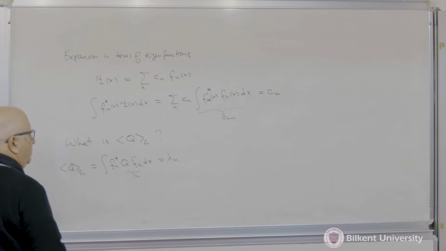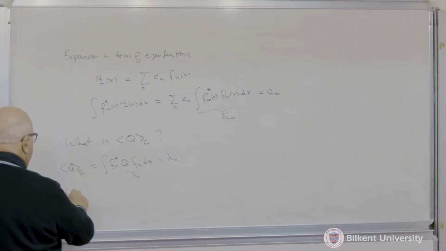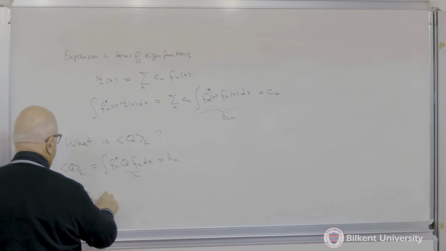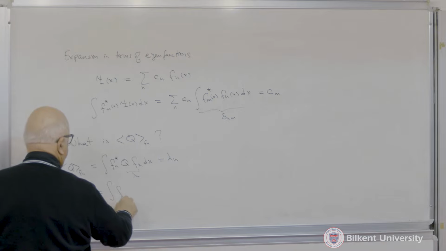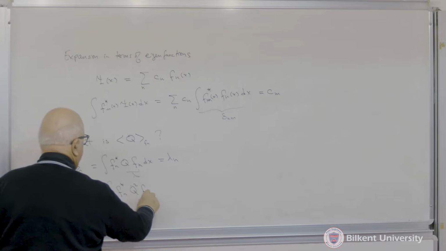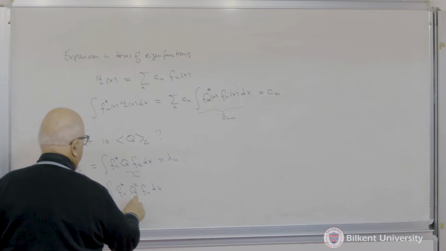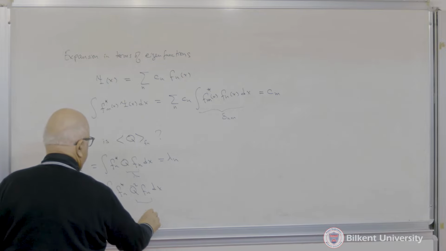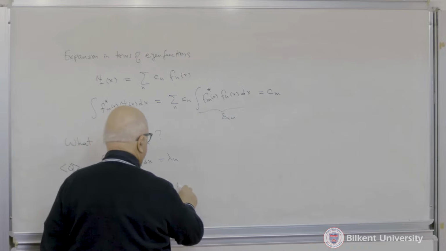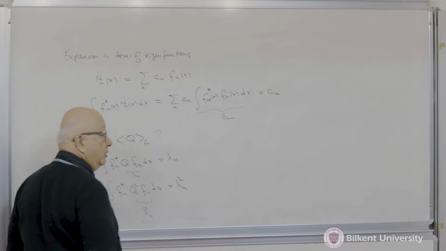But now I can do the same thing for Q squared. In fact, it's very trivial. If I have f_n star Q squared f_n dx, I'm just going to get lambda n squared.